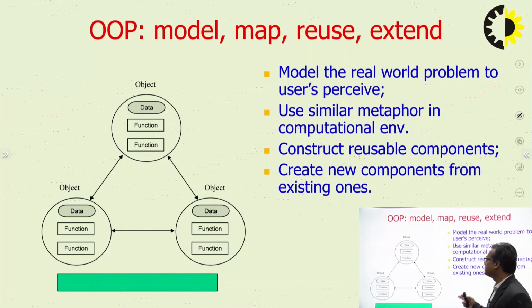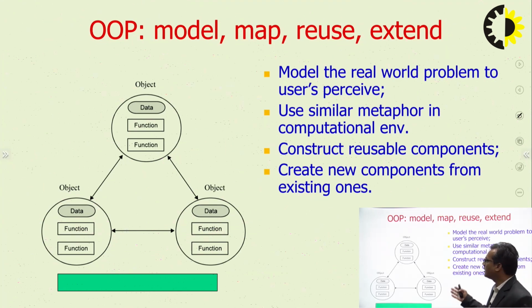Next, use similar metaphors in the computational environment, which will help us in that computational environment. Then construct reusable components. We will design some components which we can use again and again. And create some new components from existing ones, or we can extend an existing component to create a new component.